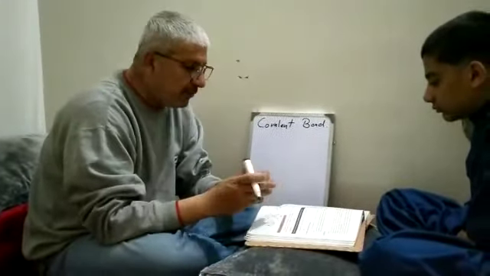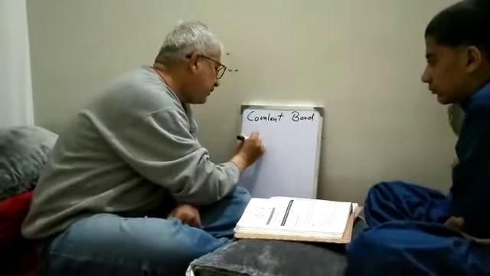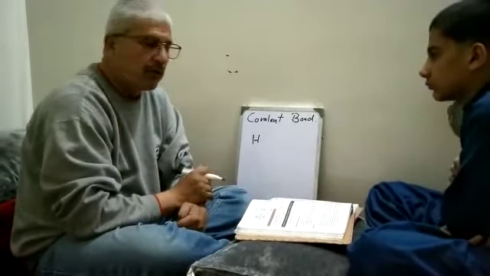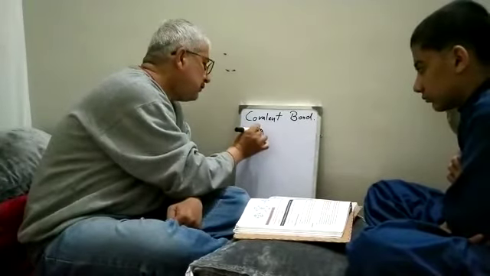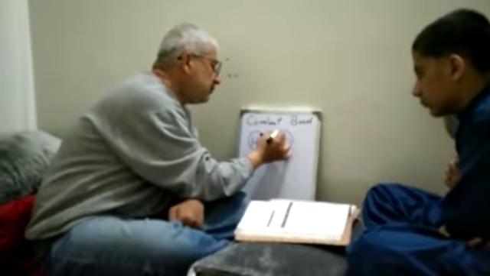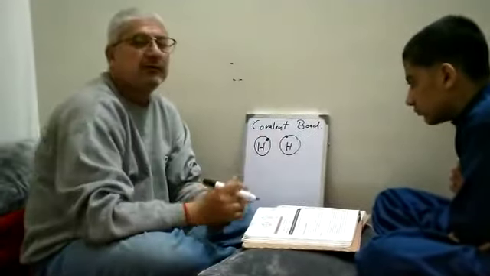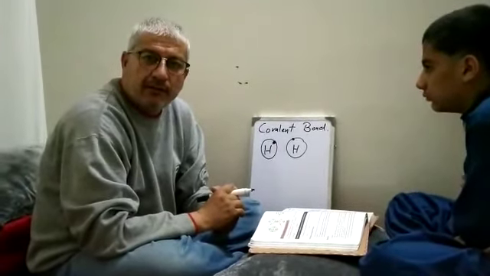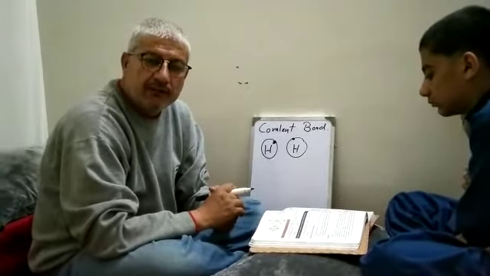Now let's take the example of hydrogen. There is only one electron in the outermost shell, and the same is true for the other hydrogen atom. Now both have one electron and are deficient of one electron each.